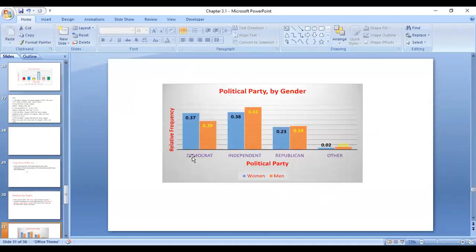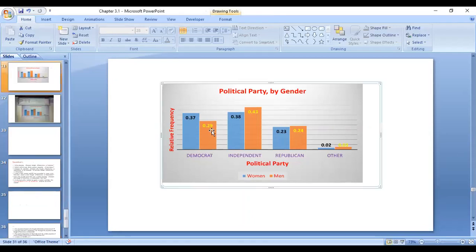You will see the Democrat, Independent, Republican on the relative frequency is 0.37. This is the woman, that is the blue. The man is the orange. There are 0.37 the man, 0.29 is this is the man, woman, this is the man, this is the woman, this is the man.